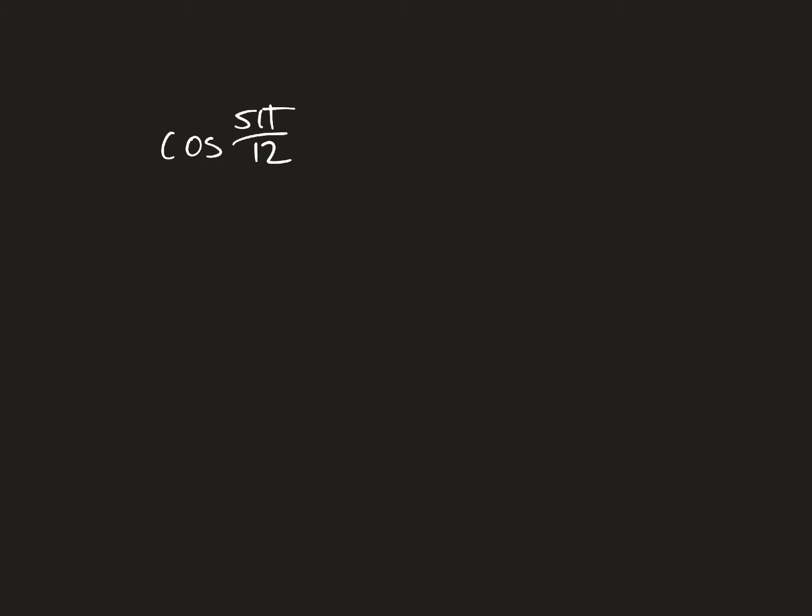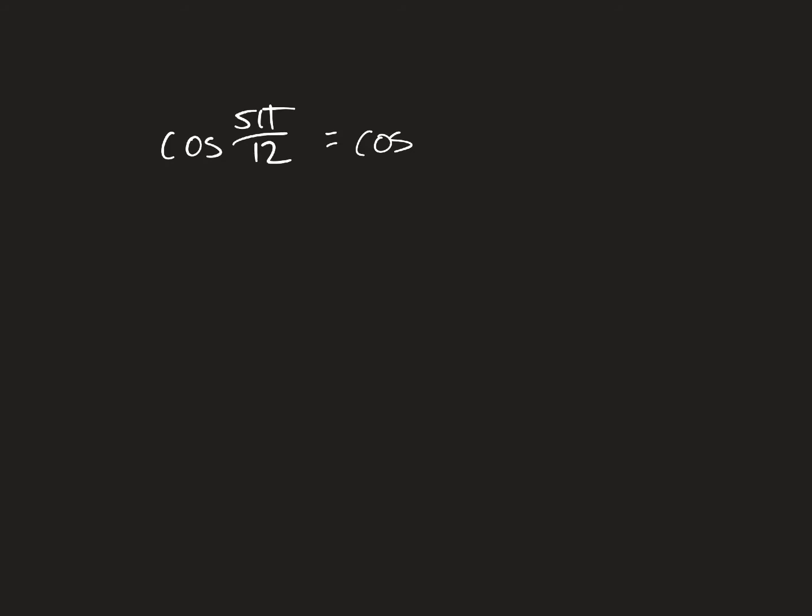This isn't one of our special angles where we could use our 30-60-90 triangle or 45-45-90 triangle. But is there something that adds up to 5 pi over 12, so that we can then apply the sum or difference formula to find the exact value?